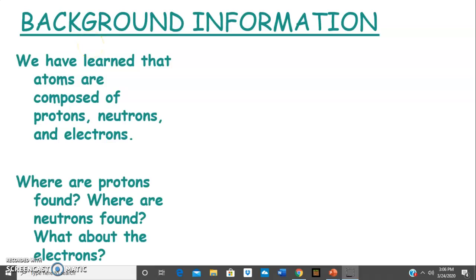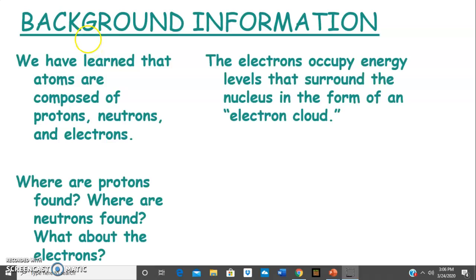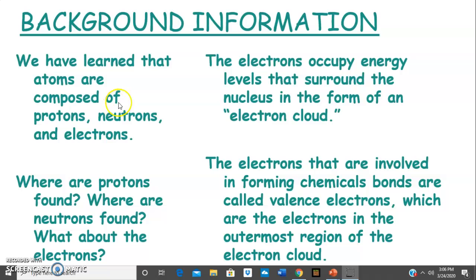All right, so some background info we've talked about before. Atoms are composed of protons, neutrons, and electrons. The protons and neutrons are found in the nucleus, and our electrons are found in our electron cloud. The information's over here on the side. The electrons occupy energy levels that surround the nucleus in the form of an electron cloud.